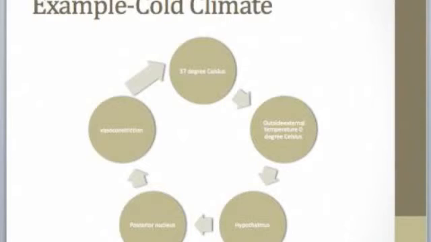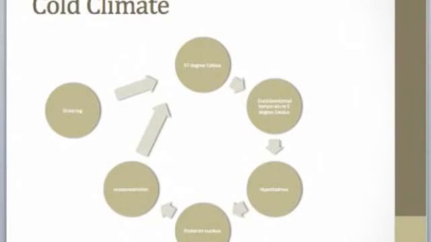Now, just like the last example in warm climate, what if this mechanism just is not enough? It just does not suffice to return the body back to its internal state. There's a similar mechanism to what we saw in the warm climate. We have our 37 degrees Celsius internal temperature. It's 0 degrees outside. We have the hypothalamus that's stimulated, which in turn stimulates the posterior nucleus, or the heat promoting center.